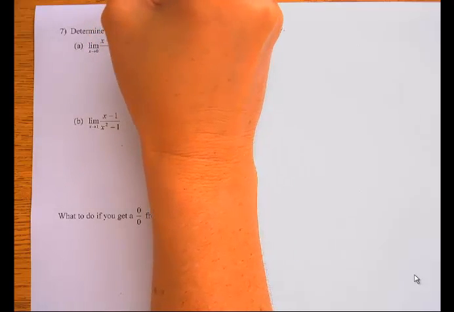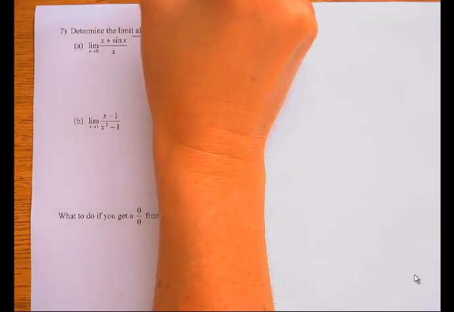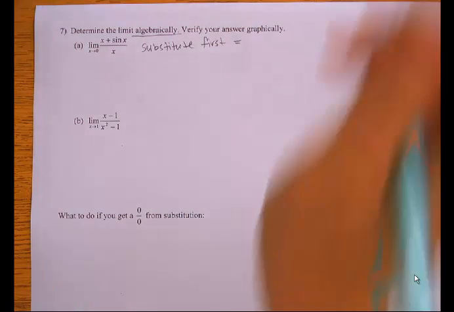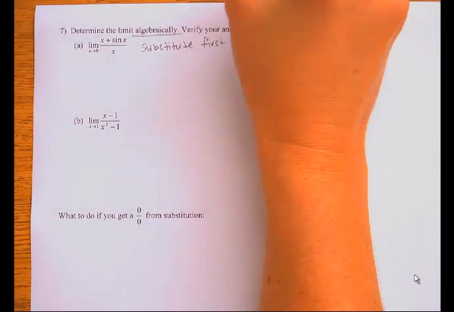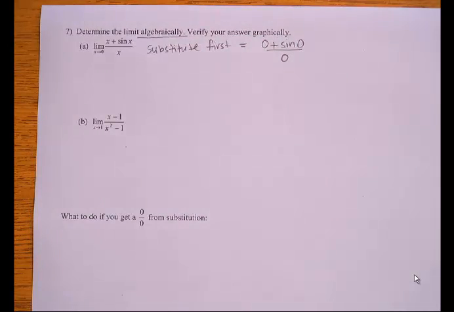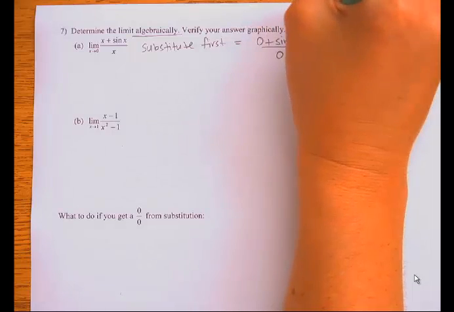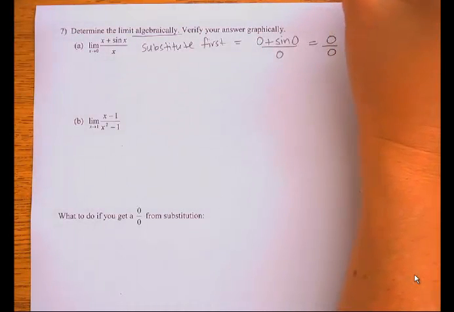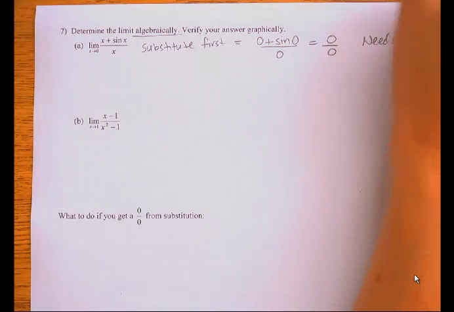So right now, if I tried substituting, so I always try that first, because if it works, awesome. So if I substituted first, I'd have 0 plus sine of 0 all over 0, and that again leaves me with 0 over 0. So that doesn't mean the answer doesn't exist, it just means I need to do more work. Needs more work.